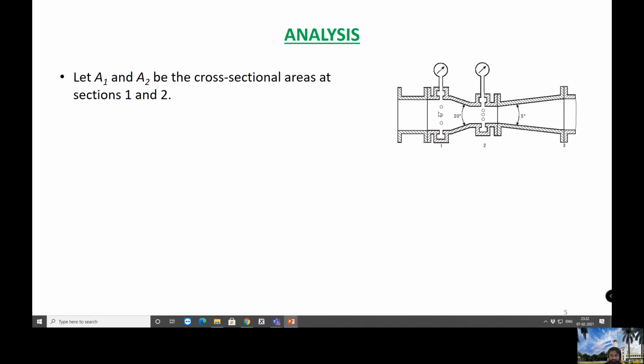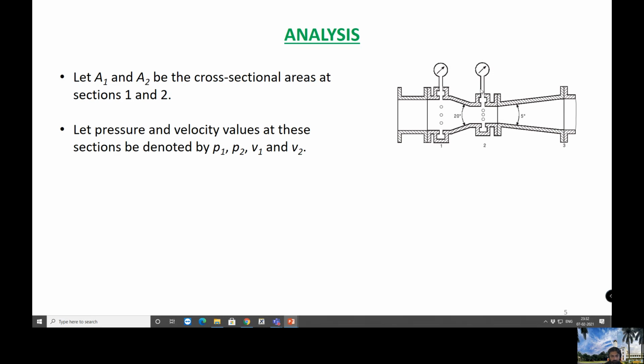Let A1 be the cross-sectional area at section 1 and A2 be the cross-sectional area at section 2. The pressure and velocity values at these sections are denoted by P1, V1 and P2, V2.